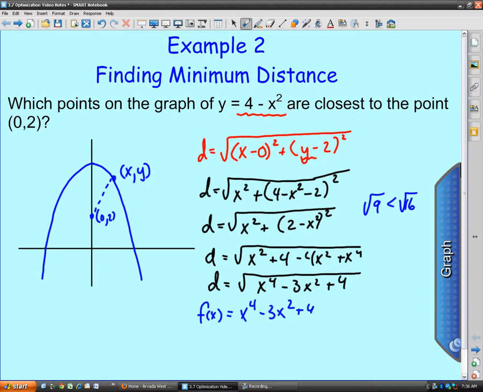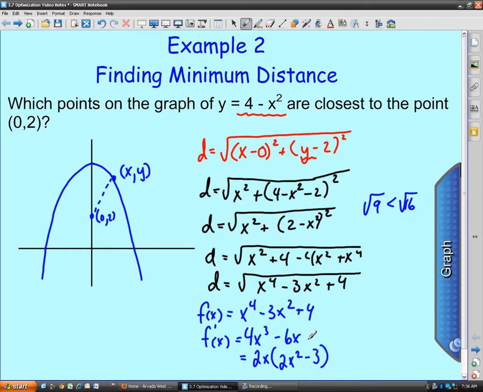When I differentiate this to find my minimum, I'm going to get 4x cubed minus 6x. With a little bit of work I can simplify it to make my life easier, for example, pull out a 2x and get 2x times (2x squared minus 3).